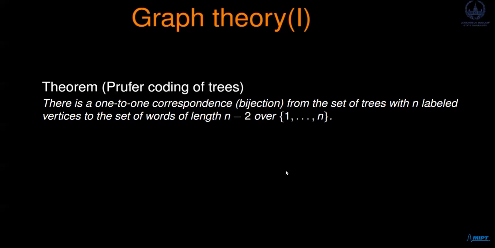This process guarantees that the resulting sequence fully describes the tree. Prüfer codes are not only important theoretically, but also practical in algorithms and combinatorial applications, particularly in the enumeration of trees.